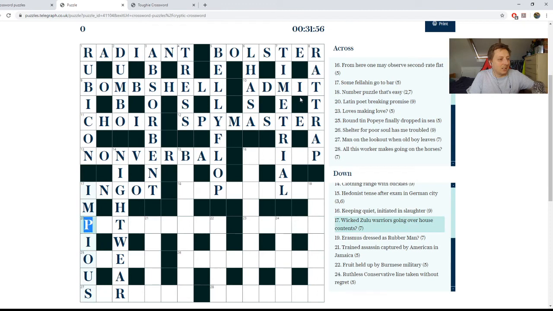So, I think the Impi are Zulu warriors, and then they literally go over, because this is a down clue, they're literally on top of the contents of house. So the Impi are just Zulu warriors, and then wicked is impious. There we go. I was after a nice easy starting crossword.